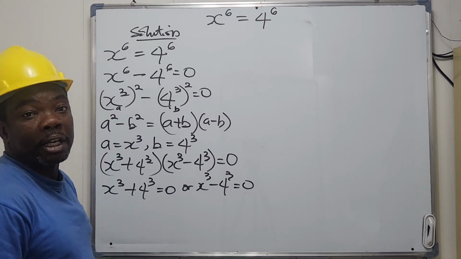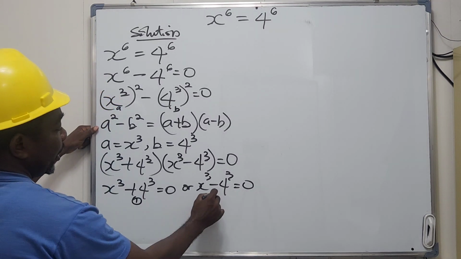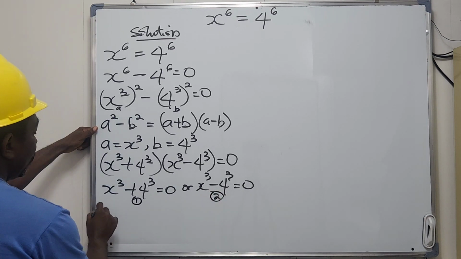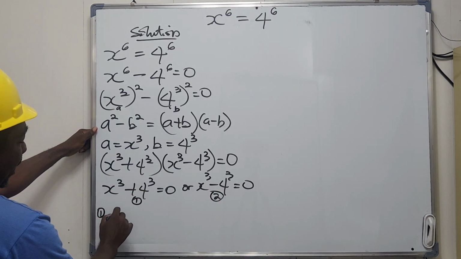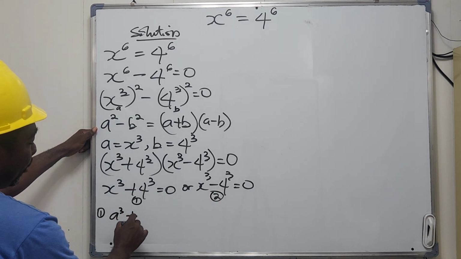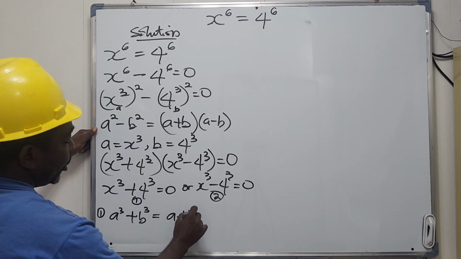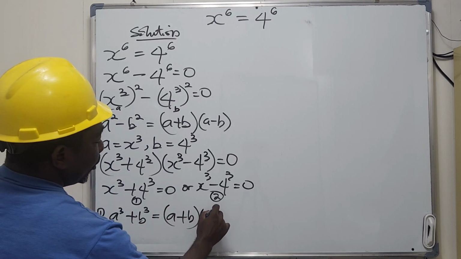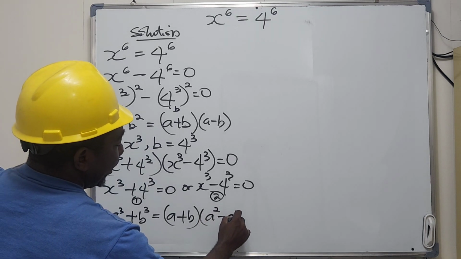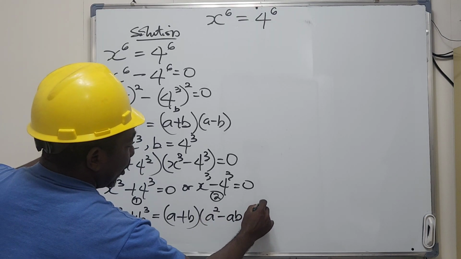Let's take it one after the other. Then this one first and this one second. Then the first one is in the form a to the power of 3 plus b to the power of 3, which equals a plus b all into a to the power of 2 minus ab plus b to the power of 2.